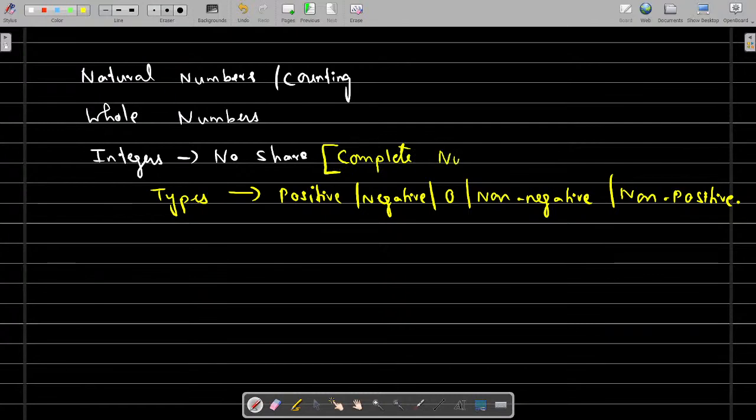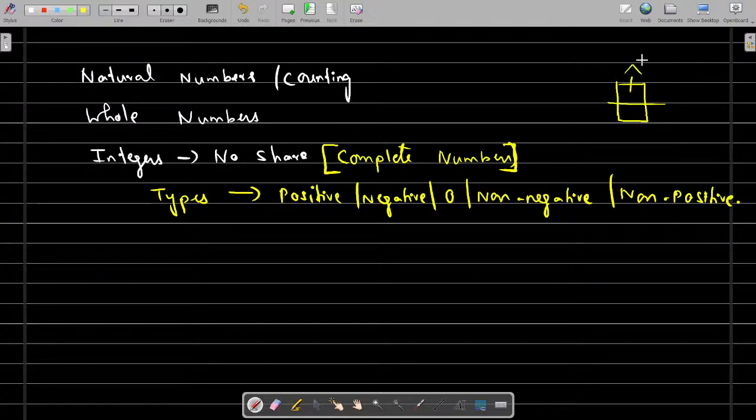A complete number. If I give you a cake, will you share with me? No, you're not going to share with me. I know you're a good girl, but when you eat the cake, definitely you will share with me. Then we'll take it into equal halves.